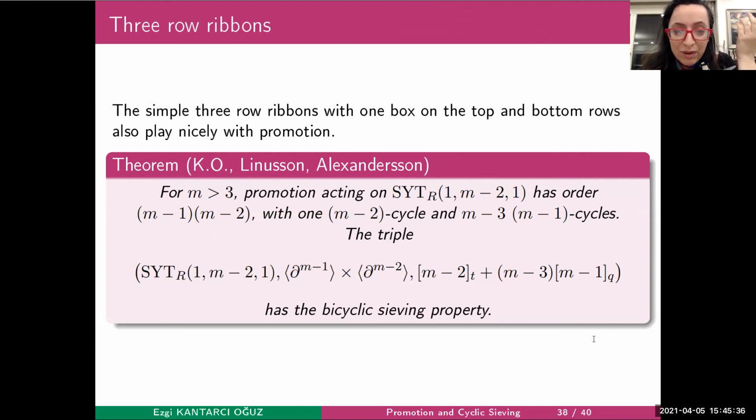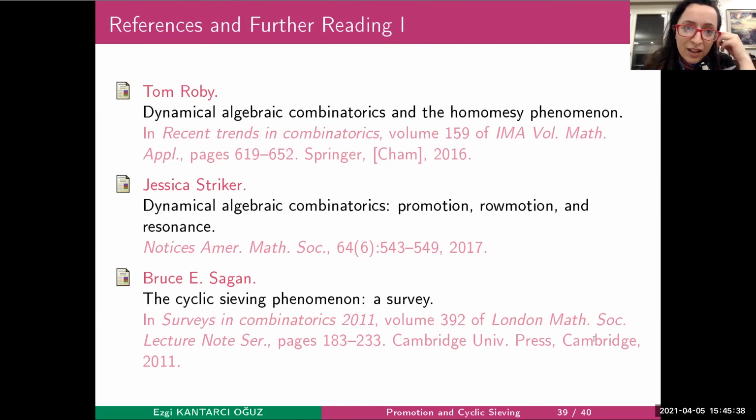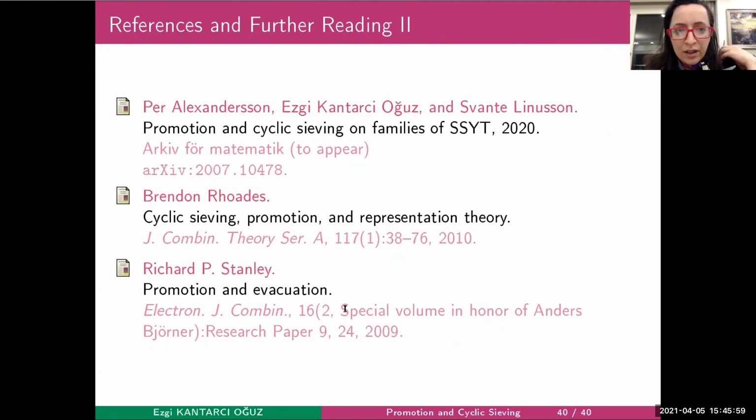If you found these things interesting, these are some general references on dynamical algebraic combinatorics. The first 2 are both really nice. And then this is Bruce Sagan's cyclic sieving survey, and that does include a lot of examples. And more specifically, this is our paper with Per and Svante.